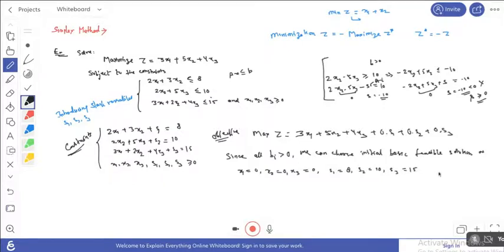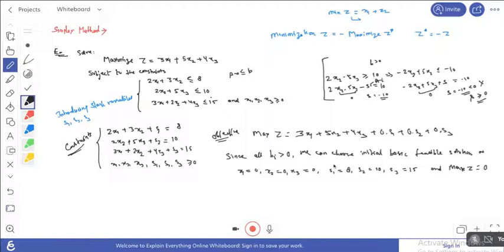And what is the objective value if we initially take x1, x2, x3 as 0? In that case the value is 0. Now we have to find out the value of your objective function in each step, and check for optimality.